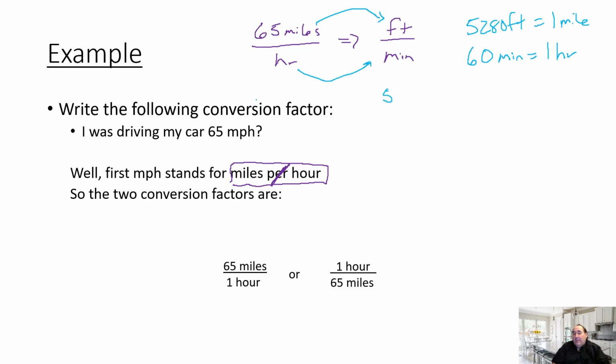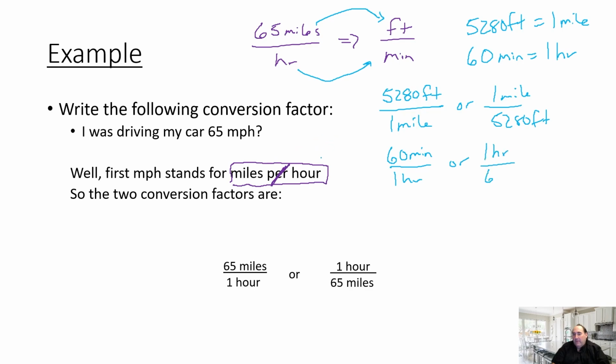Remember that from each of these, we could write 2 conversion factors: 5,280 feet over 1 mile, or 1 mile over 5,280 feet. For our second one, we could do 60 minutes over 1 hour, or 1 hour over 60 minutes.